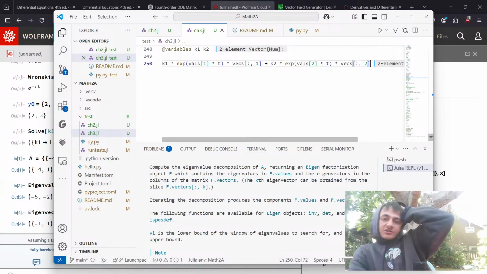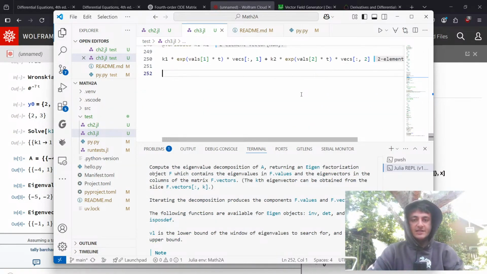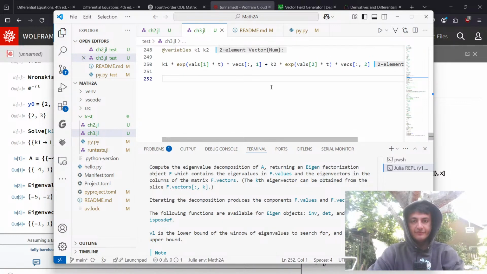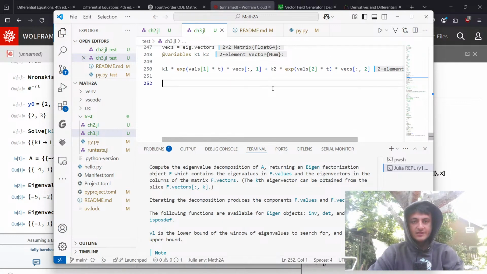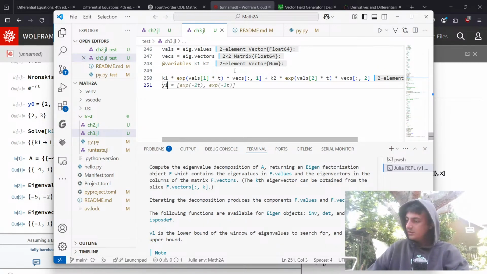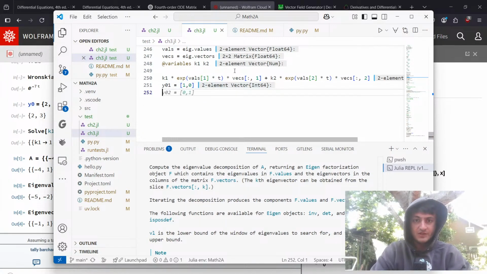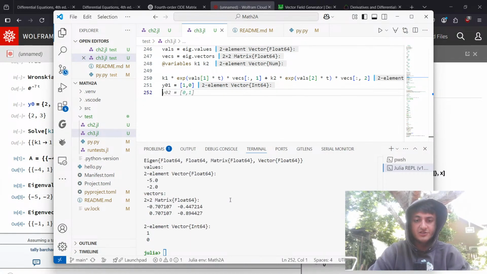So this is our general solution, but what we really want is that we're trying to find the system. So we have y(0) = (1, 0). Okay, so this is the first initial condition that we're trying to solve.